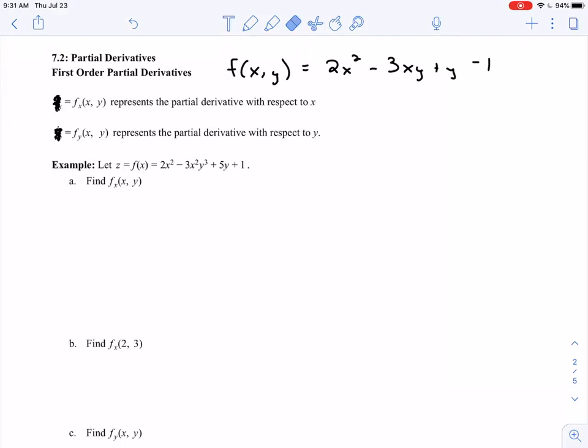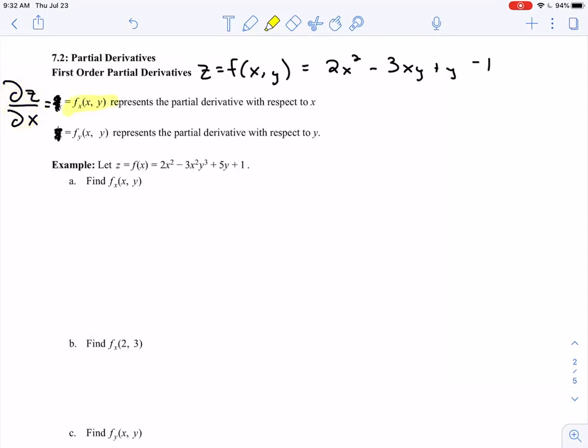Since we have these two variables already, we're used to saying like z is equal to a function of x, y. And what we want to do for partial derivatives here is we're not going to use the letter d. Instead, we're going to use the Greek letter del. So del z, del x. So this says the partial derivative of z with respect to x. So you may see this notation pop up in the homework.